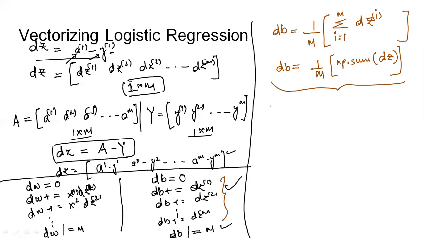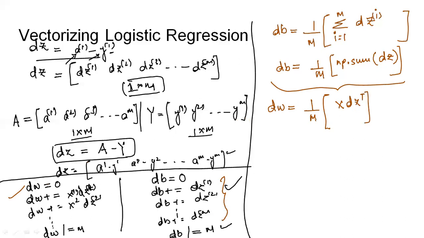And further, we need to convert dw also into the vectorized form. So how can we convert this? We can do this as dw is equal to, and that would also be the average over all the m training examples, is equal to 1 upon m x dz transpose.